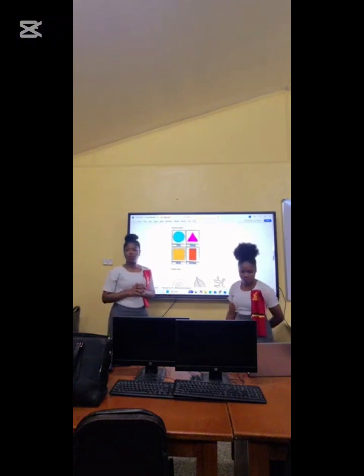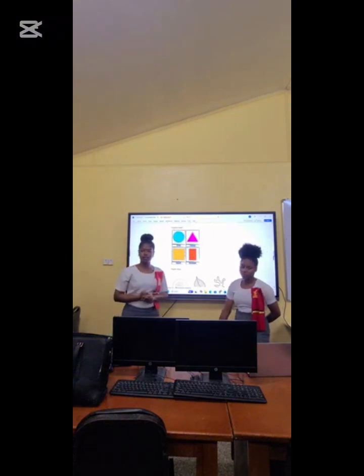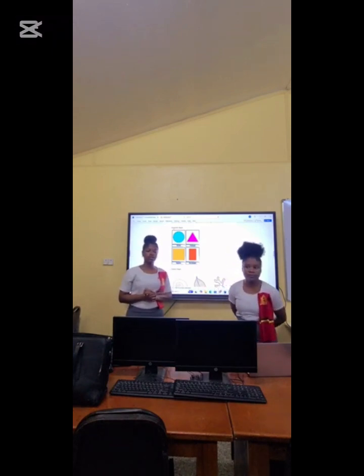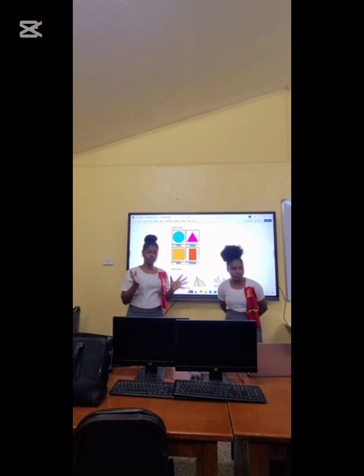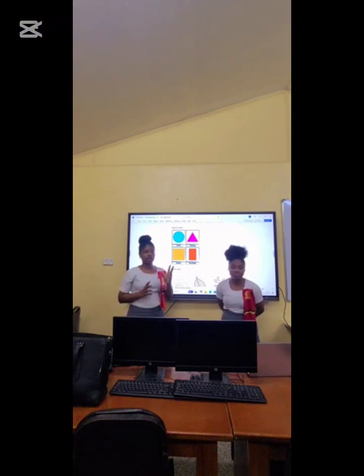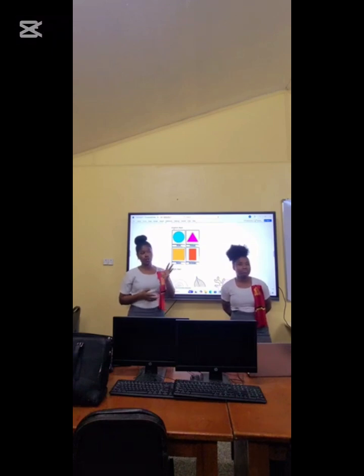Can you identify for me three shapes in this room? Show by the raising of hands. Yes, we have rectangular shapes. We have lots of rectangular shapes in here: the AC, the curtains, the cupboard, the door. Can you identify any other shape in here? Yes, we have square.